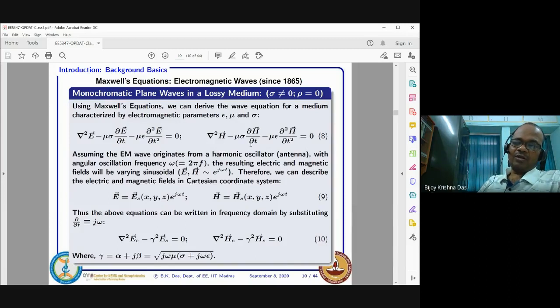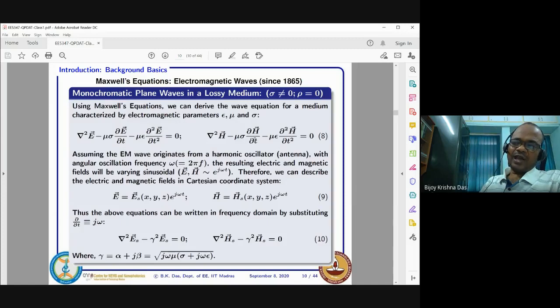Now, assuming the electromagnetic wave originates from a harmonic oscillator, you need to know where this electric field and magnetic field are originating from. You know that the rate of change of magnetic field and rate of change of electric field create each other, and they are the source for each other. But originally some energy should be supplied somewhere, something like an antenna, for example.